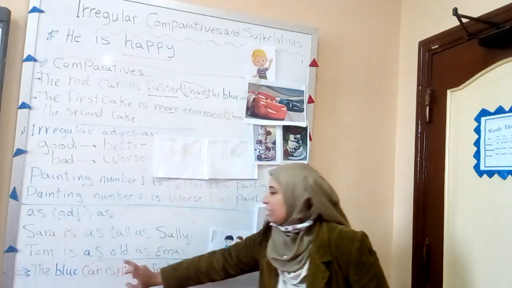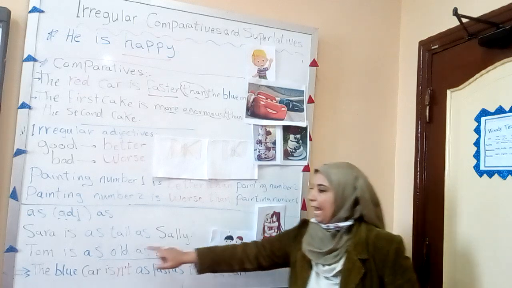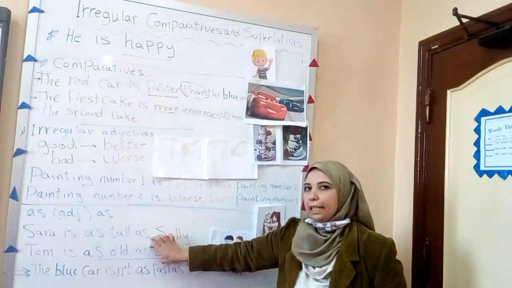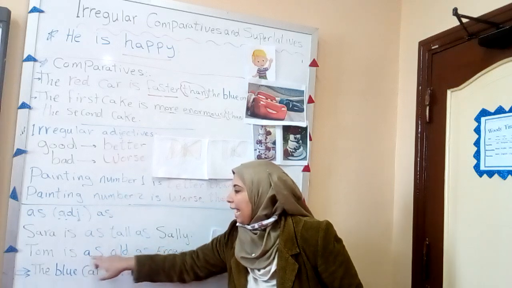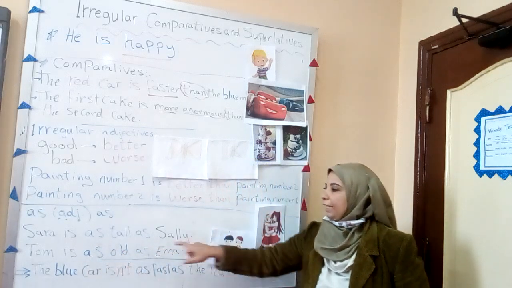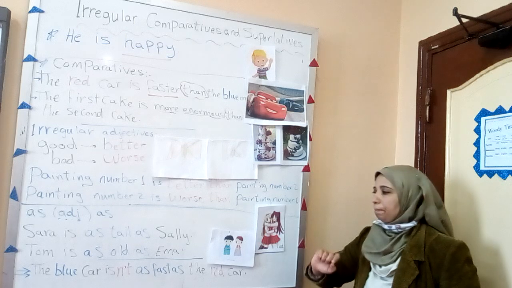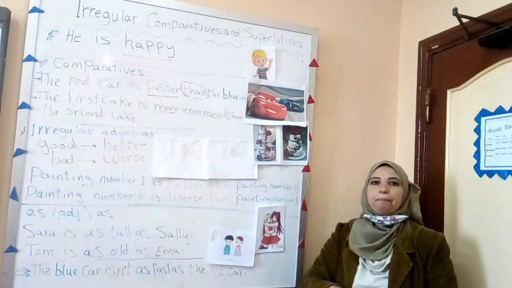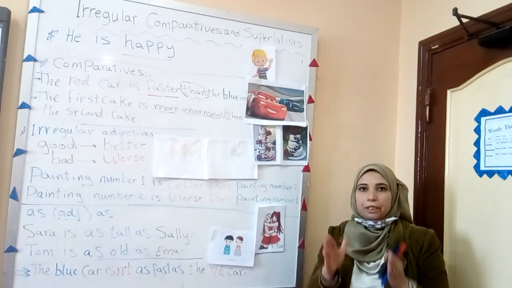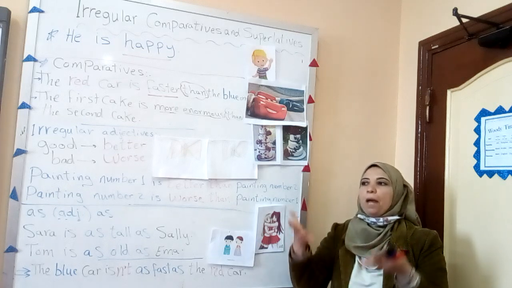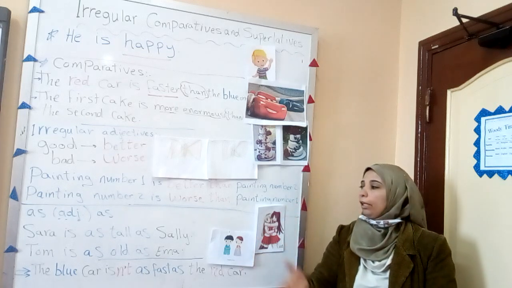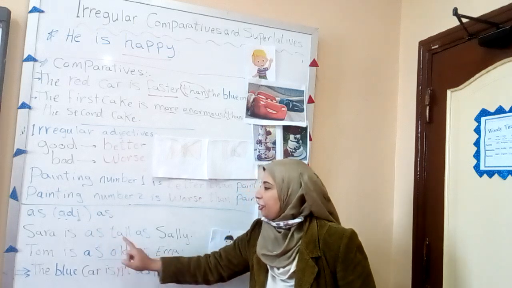Tom is as old as Emma. As, then the adjective, then as. The adjective here is old. So if you are comparing between two things or two people who are similar, use as, adjective, as.